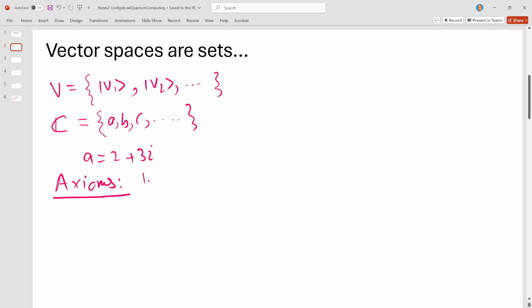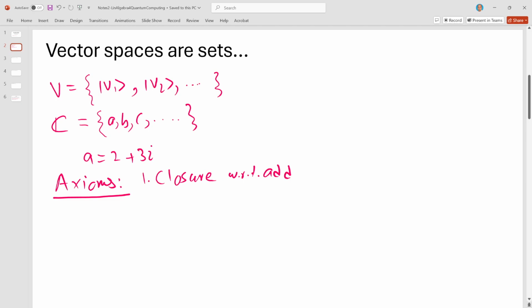The basic requirement is that this set has to be closed under addition. So a closure with respect to addition, and we also have to define what we mean by addition if we want to define closure.